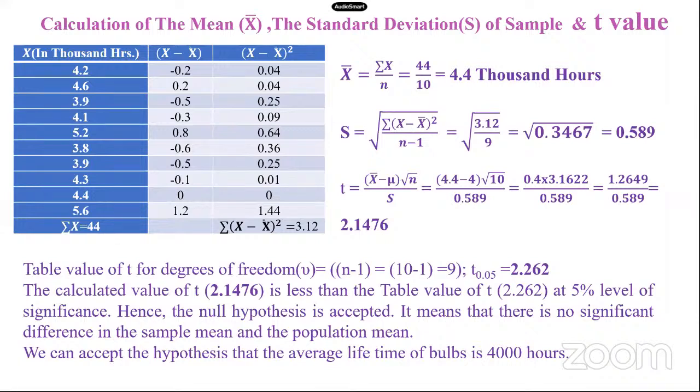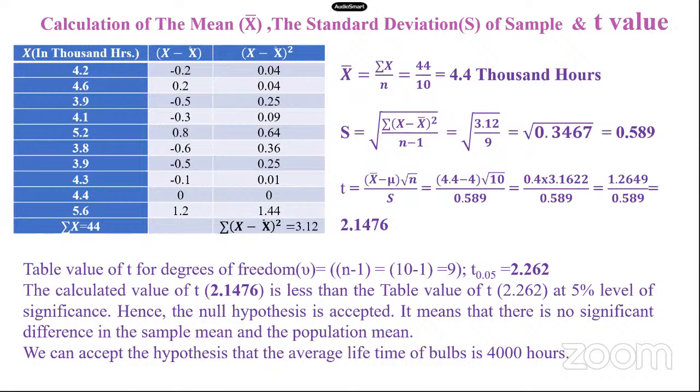Means instead of the second column, you want to directly use the third column. Yes, why not? After calculation of arithmetic mean, we are taking the deviations only for standard deviation.